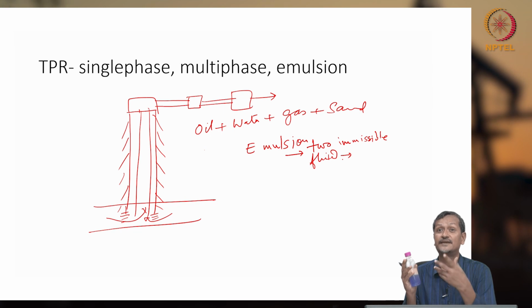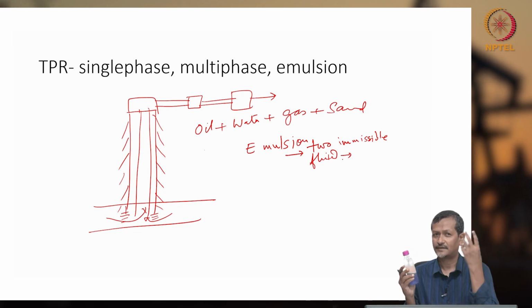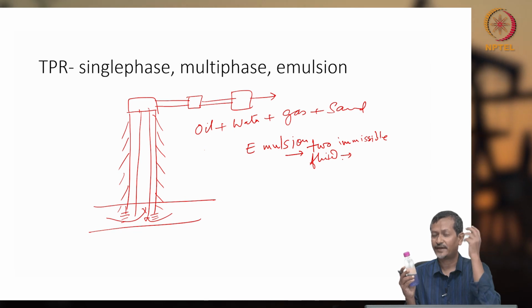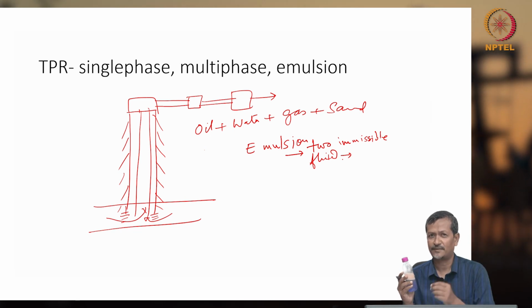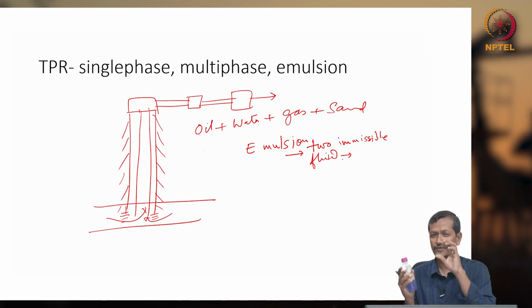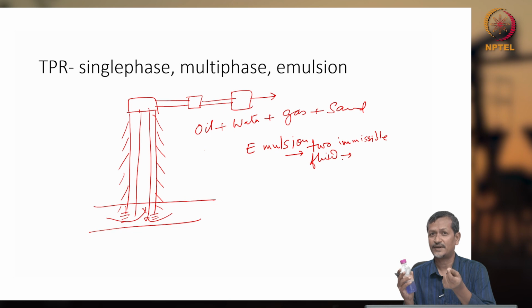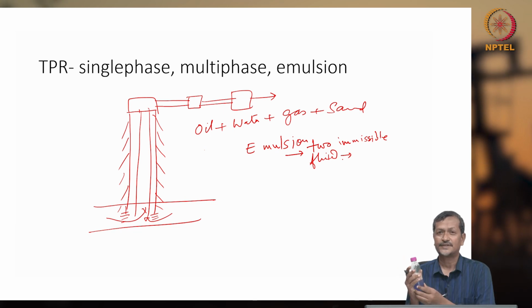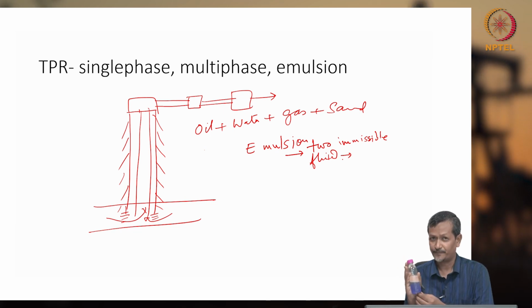That will create a stable emulsion. That stability means, like you have seen, lots of gels for your hair and lots of medicines come as emulsions, with suspended particles in one fluid. Maybe the suspended particle may be solid or maybe another type of liquid. That suspended particle will not settle quickly.